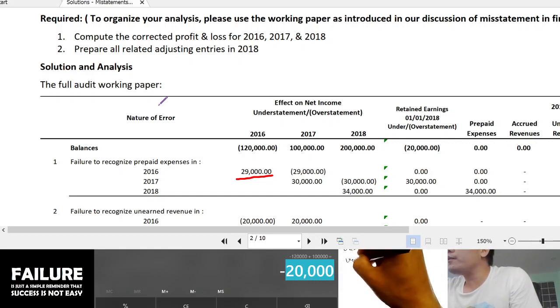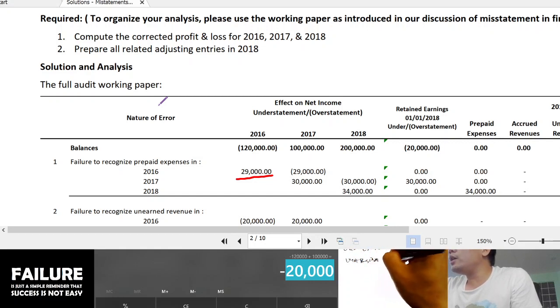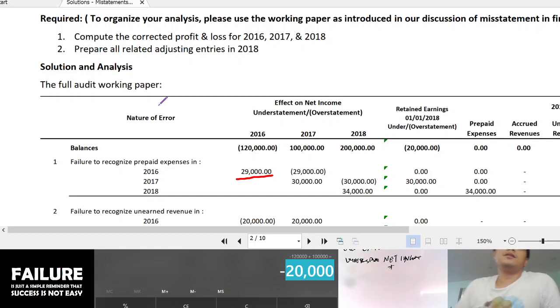Obviously, it will understate your net income. Kasi yun nga, sobra yung expense. Okay? It should be recognized as an asset prepaid, pero ginawa mo siyang expense. Understated yung net income mo. That is in 2016, which is the year of error.